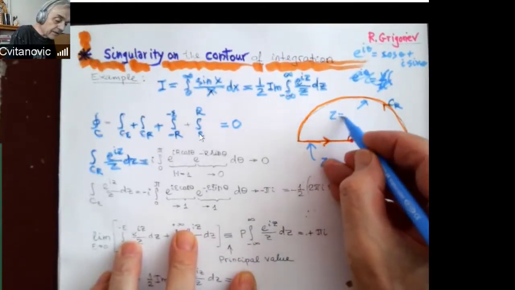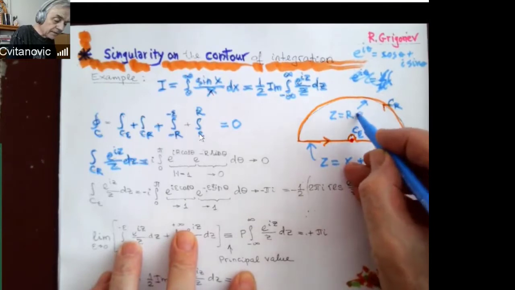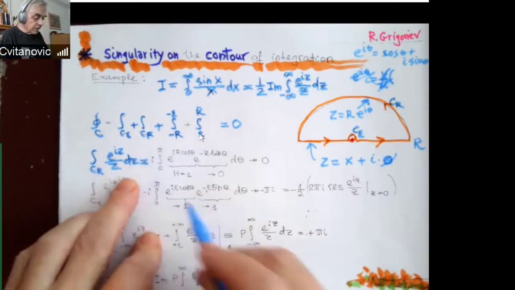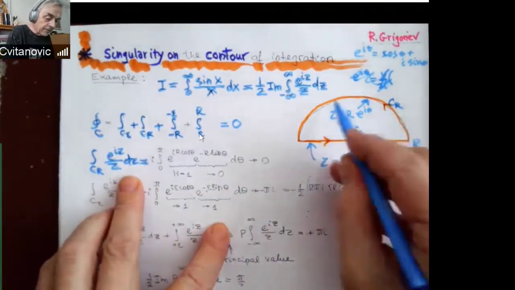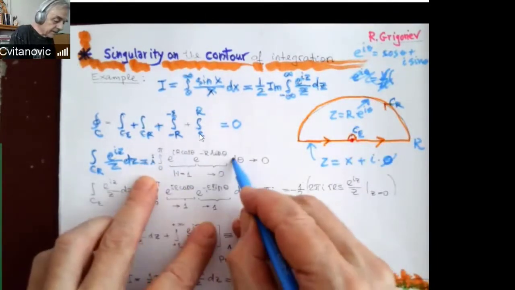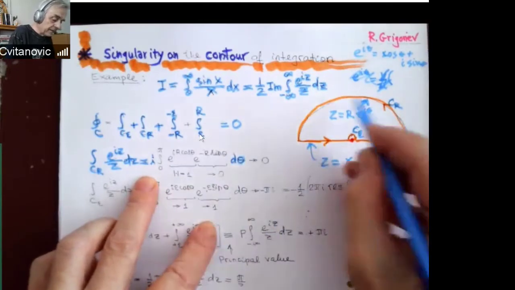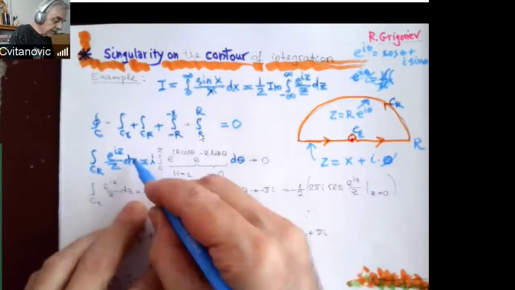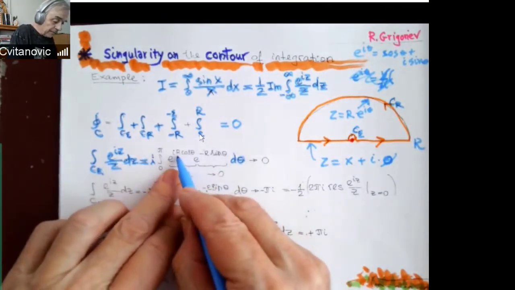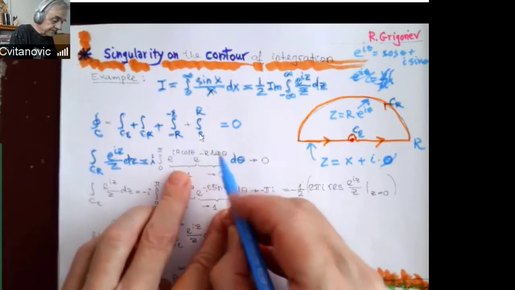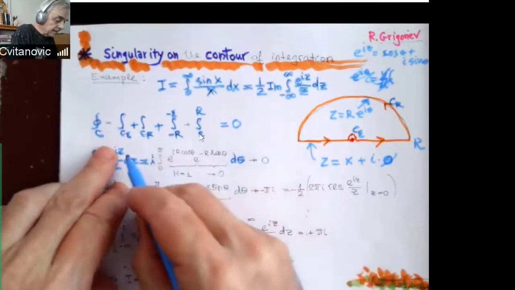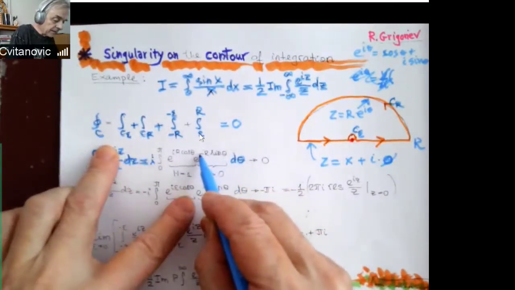z on this integral as r, its magnitude, times e^(iθ), right? Now we have here dz over z. That combination, when we change the variables, r will cancel out. I'll get dθ times i from the parametric form of the semi-circle integral. So that's what comes out from dz/z. And what's left is e to the i real part of z times i times imaginary part, which gives me a minus here.